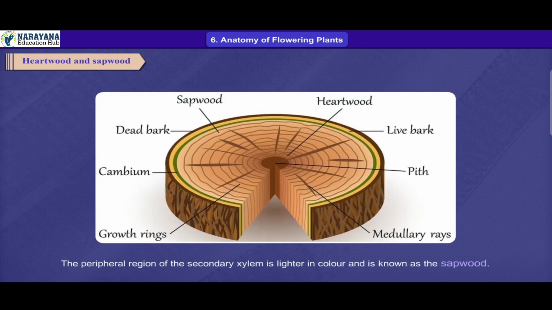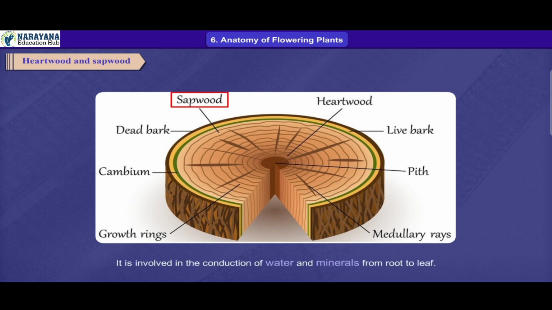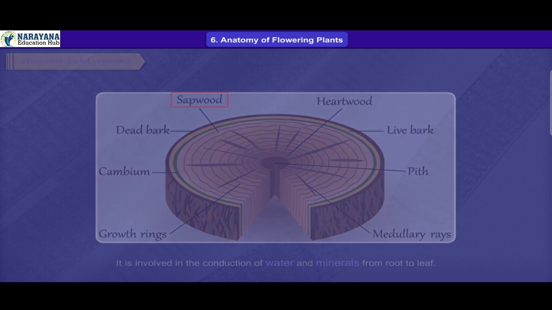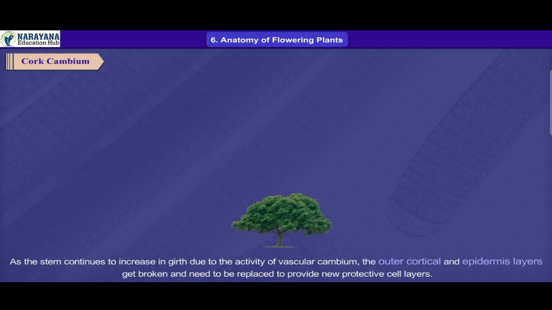The peripheral region of the secondary xylem is lighter in color and is known as the sapwood. It is involved in the conduction of water and minerals from root to leaf. Cork cambium.